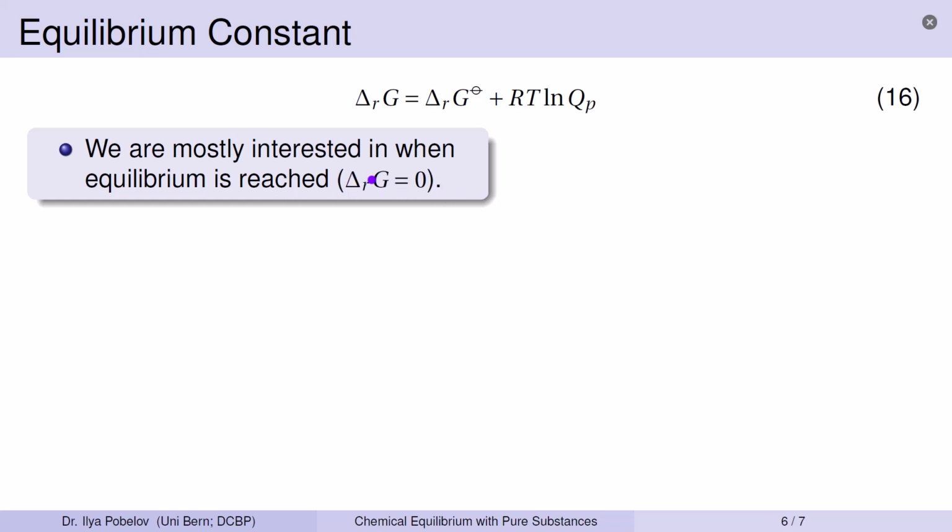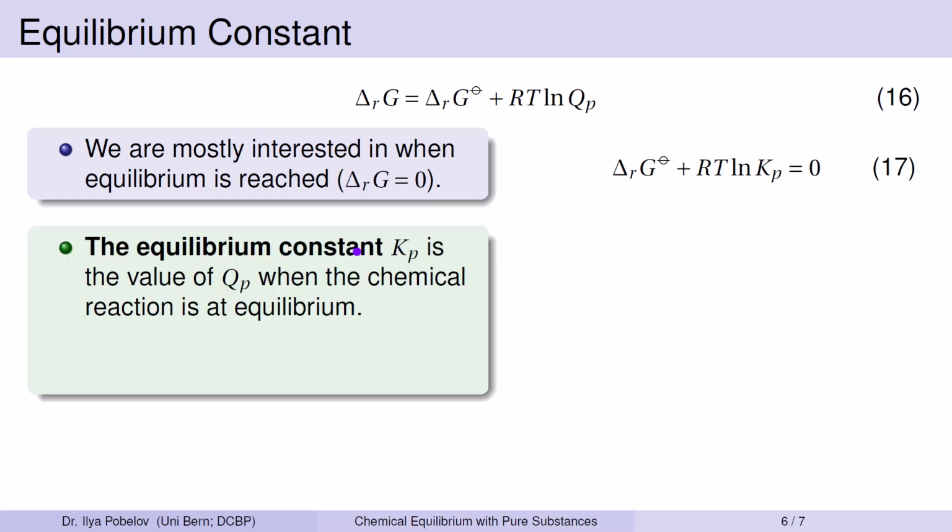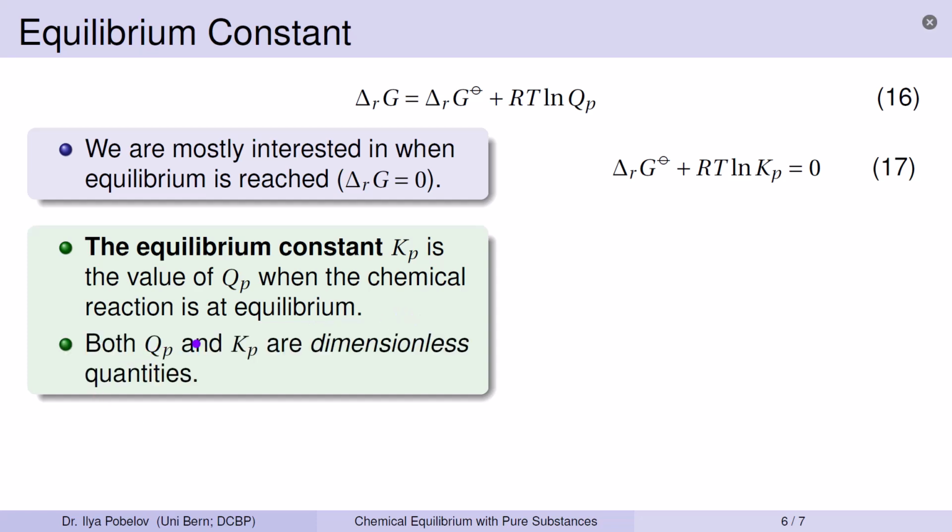At equilibrium, the reaction Gibbs energy becomes zero. This leads us to the next equation where we equate the same expression to zero. Here, the reaction quotient at this point is denoted as Kp, the equilibrium constant. Essentially, Kp signifies the value of Qp when the chemical reaction is at equilibrium. Both the reaction quotient and the equilibrium constant are dimensionless quantities.